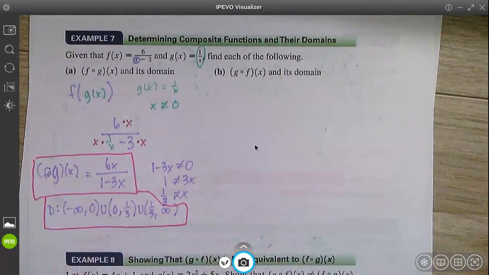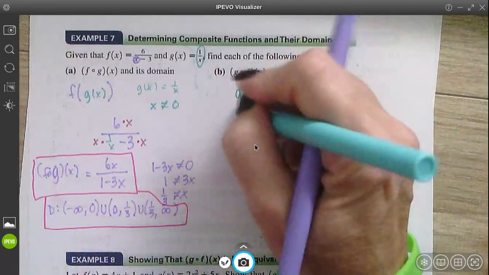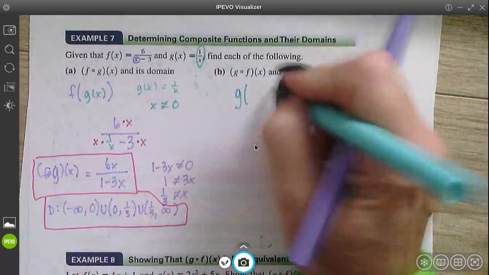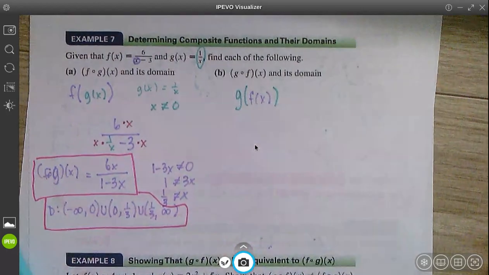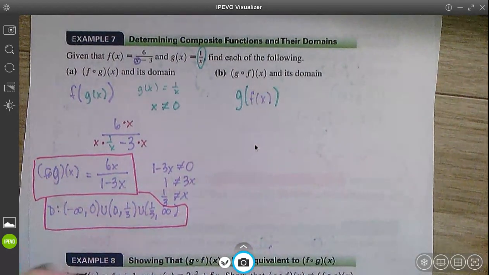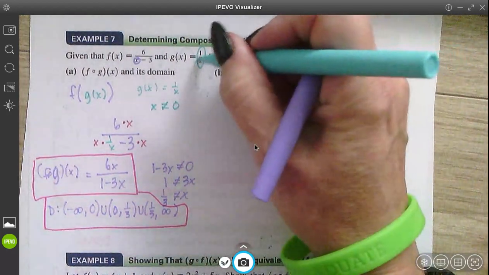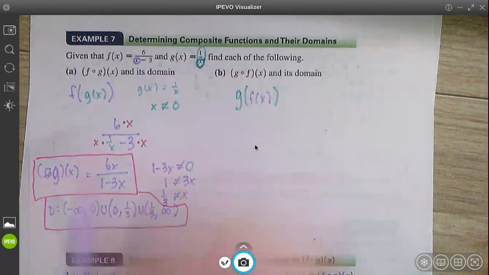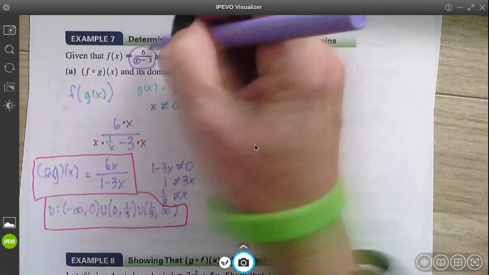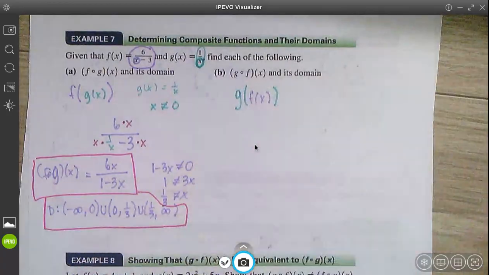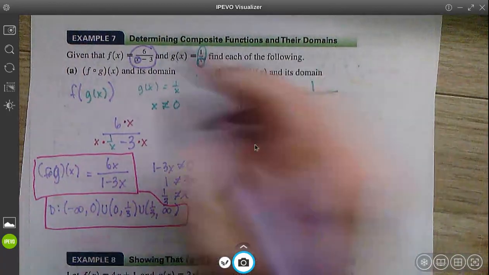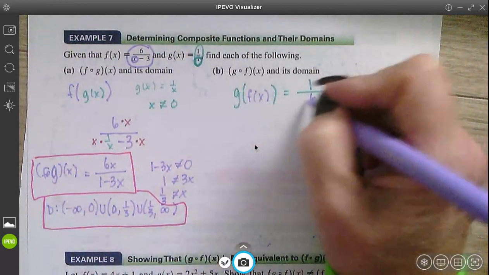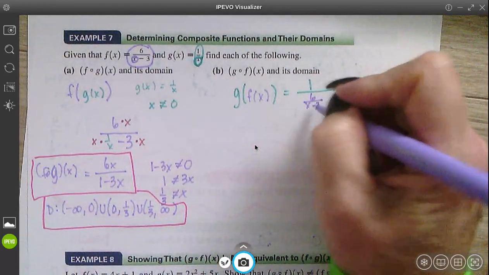How about g circle f? G circle f means g of f of x. So I'm going to find my function g of x, and I'm going to replace the x right here with all of f of x. G of x was 1 over x, so 1 over, replace the letter x with f of x, so 1 over 6 over x minus 3.